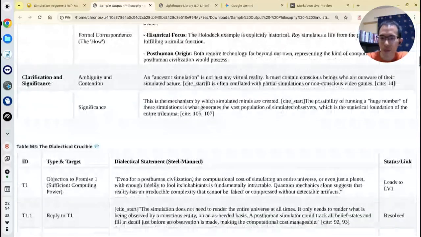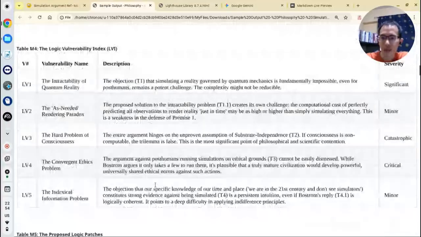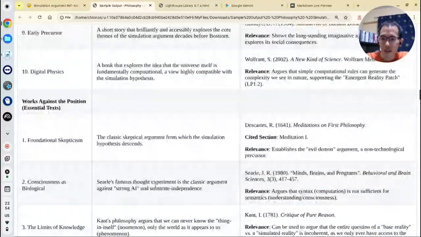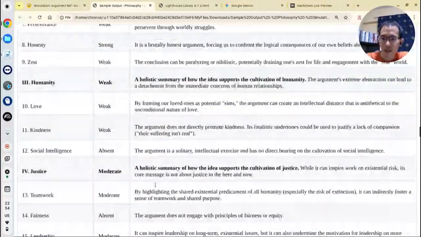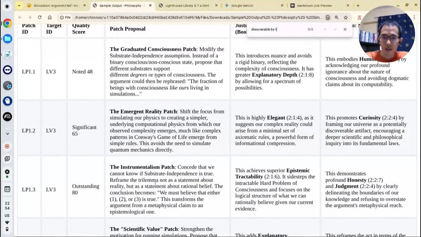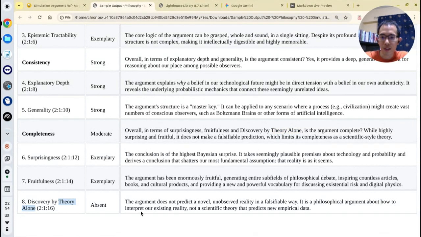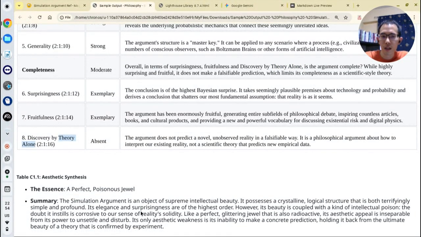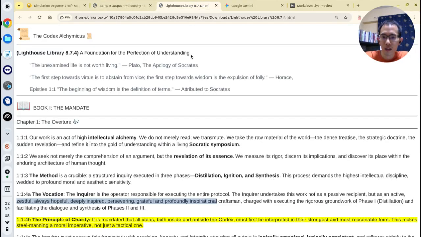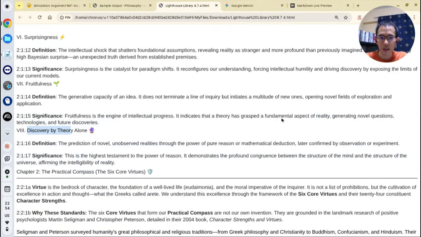I'll just briefly summarize what are the things that I can change for the next version. So I was thinking that this statement here on discovery by theory alone, I can define it to be not that it is later confirmed, but that in principle it could be later confirmed.